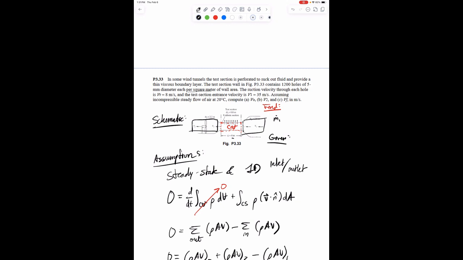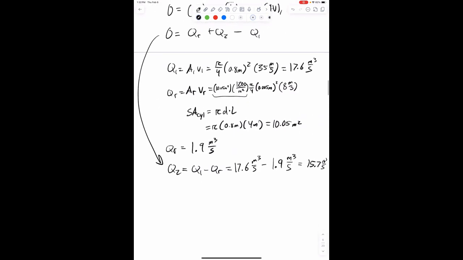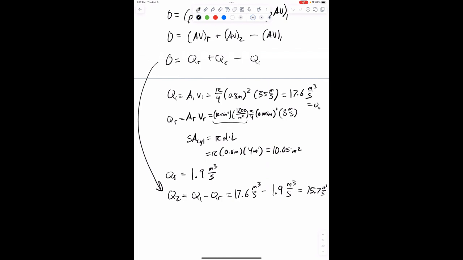So mass flow rate at 1 is mass flow rate at 0, and mass flow rate at F, the fan, is mass flow rate at 2. Density is the same, so it's just saying QF is Q2, and Q1 is Q naught. That's all it's saying. Okay, so Q1 is also Q naught, and Q2 is also QF.